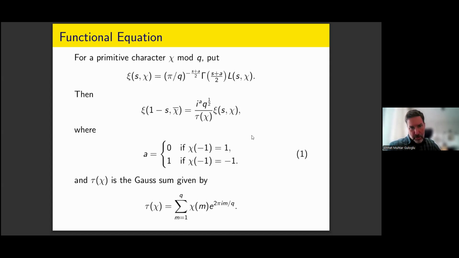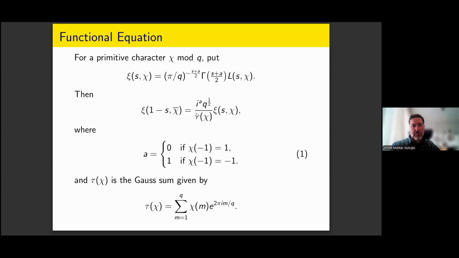But I think it's a good point to mention. If you have a similar completed L function for a different L function, and this number over here turns out to be minus 1, and this function and this character are the same, that means it's a self-dual function.